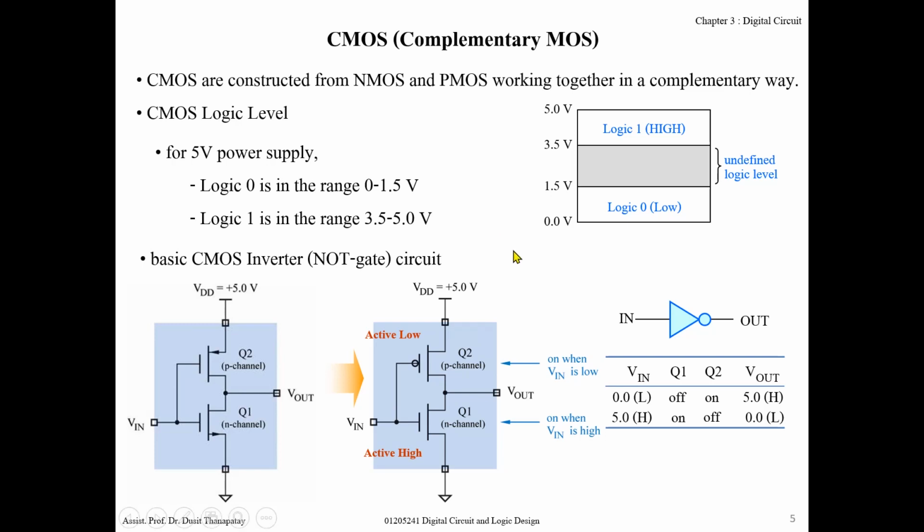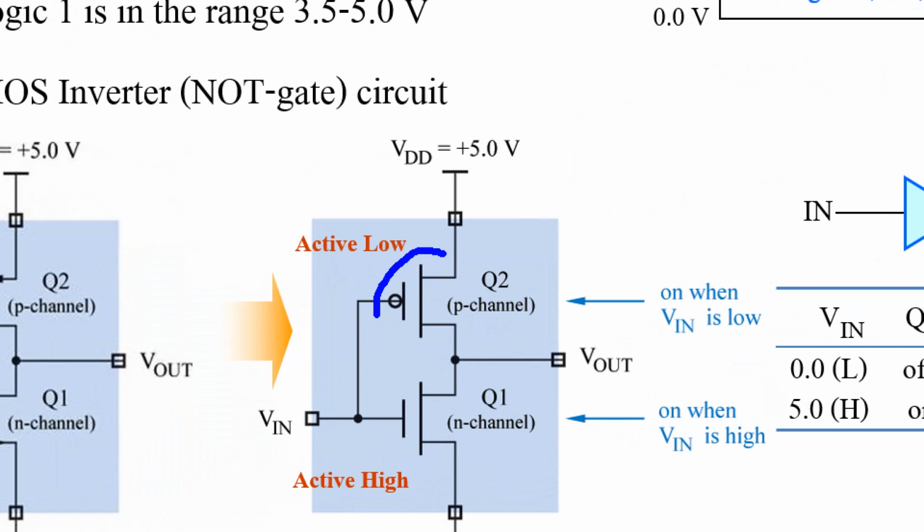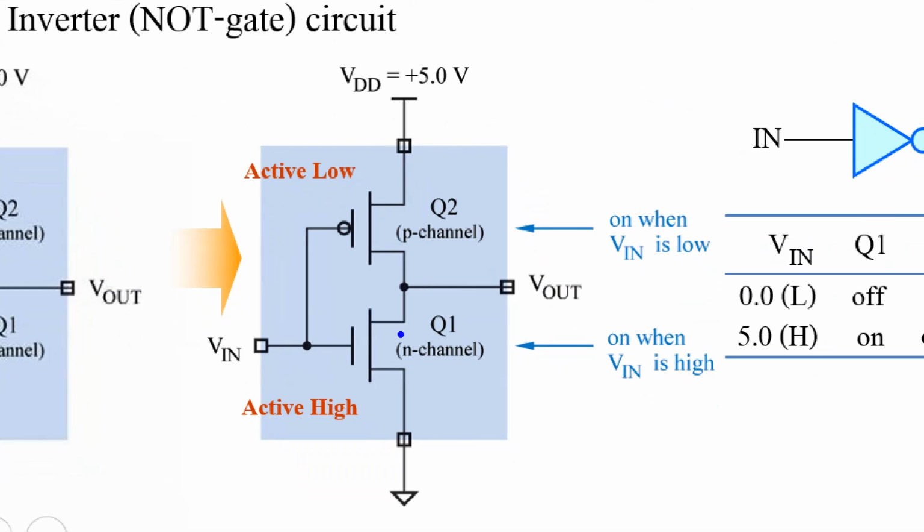Last time we studied how to analyze a CMOS circuit by considering the transistor as a switch. For this kind of transistor, if you want to turn it on, you must apply 0 volt or logic low at the gate terminal, and then this transistor will turn on.